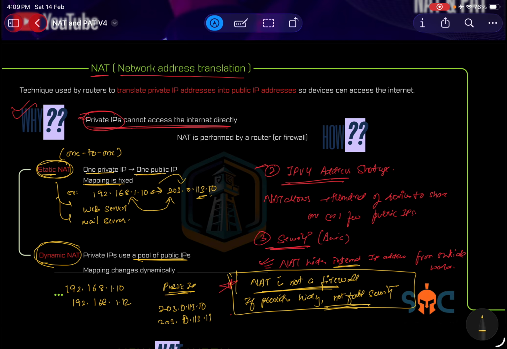Okay, so the router can assign any of the available public IPs temporarily to any of the private IP addresses.